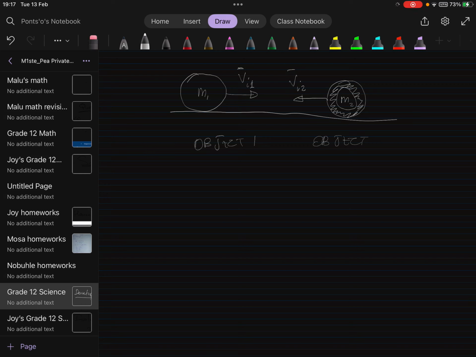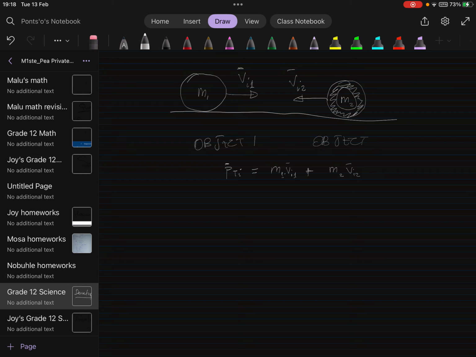Now, what follows is that the total momentum before the collision in this system is simply P total initial, which equals mass 1 times velocity initial 1, so the mass of object 1 times the initial velocity of object 1, plus the mass of object 2 times the initial velocity of object 2.